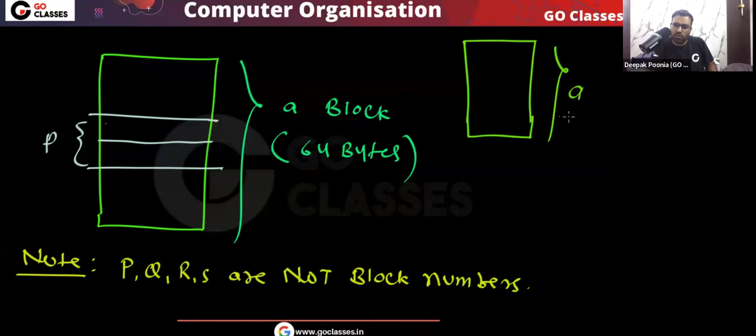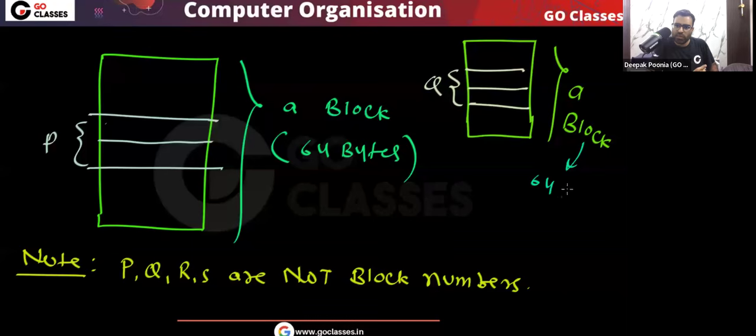This is a block, and inside this block, this Q is there, and Q has 2 bytes. Very simple point. Okay, and in this block there are 64 bytes total, but this Q has only 2 bytes. So PQRS are not block numbers.